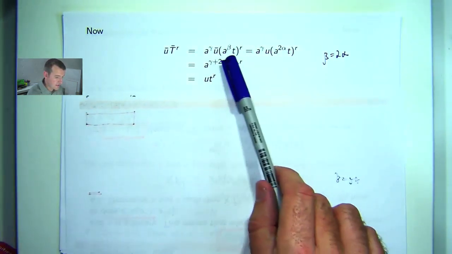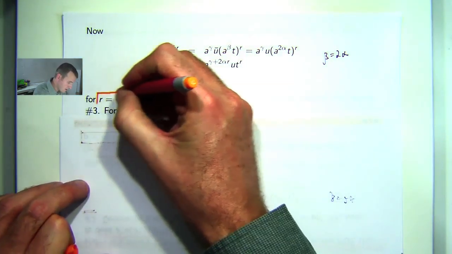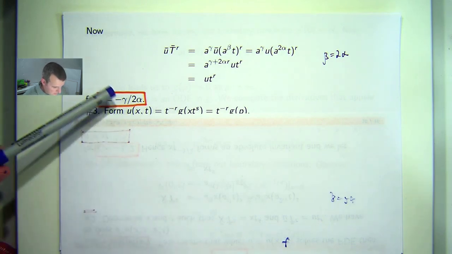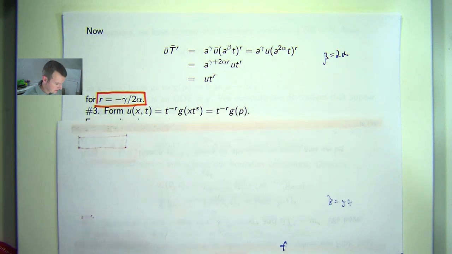So how can I choose R so this is true? Well, you can let R equal negative gamma on 2 alpha. Now, we don't know what gamma is, we don't know what alpha is, but at the moment that's not going to be a huge problem because we'll be able to determine these things from the boundary conditions.